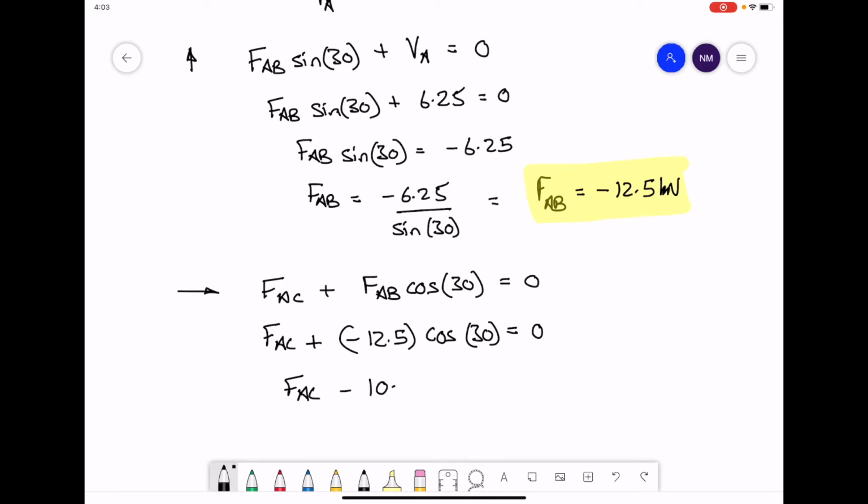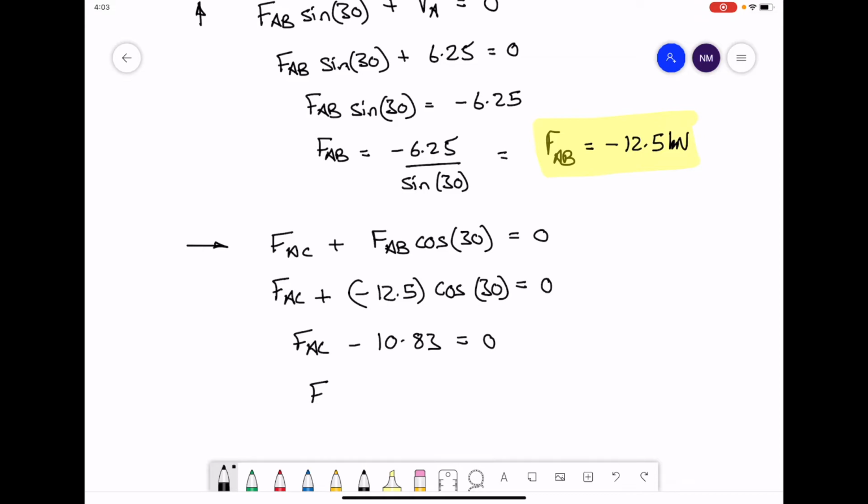Multiplying it out gives you 10.83. Finally, moving the negative number to the other side of the equal sign gives you 10.83 kilonewtons. That's the value for the force in our next member. It's positive, indicating that it's a tension force.